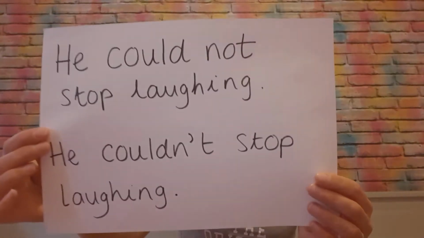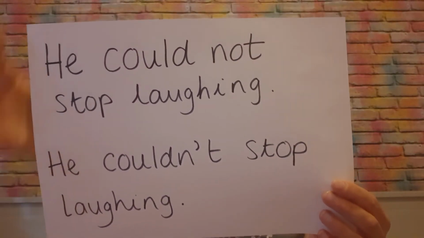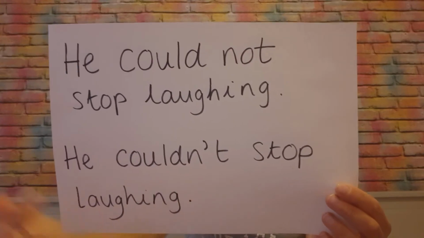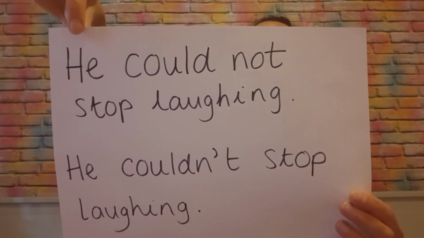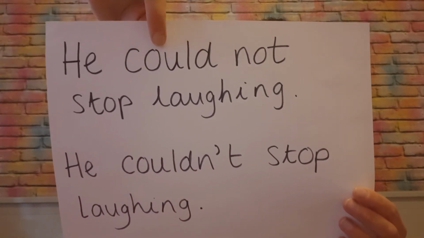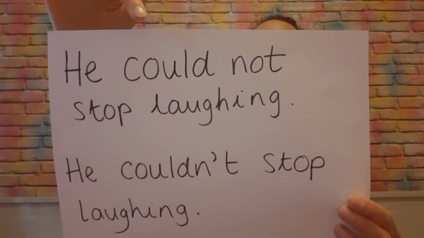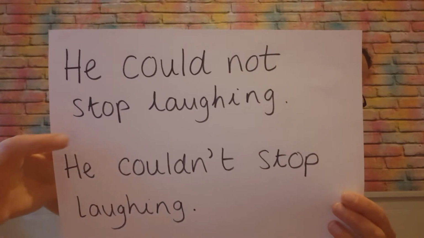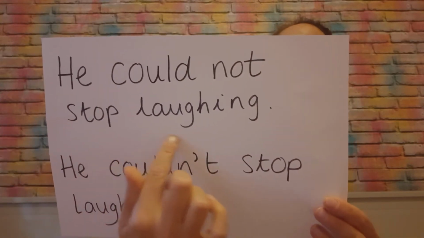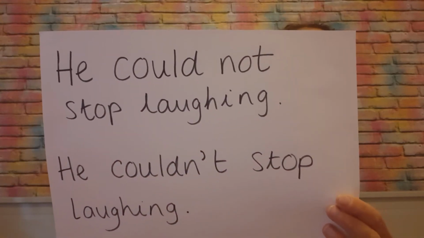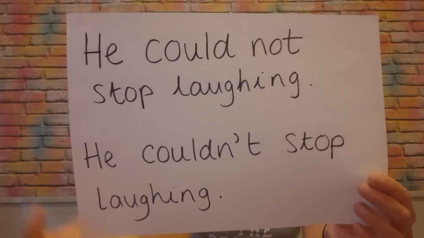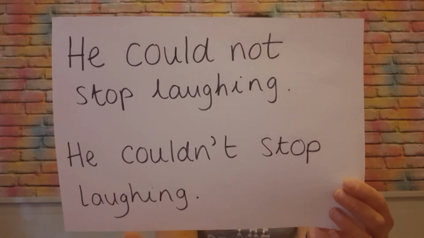I've had a go, and I've done again the same sentence, so you can see how the same sentence could be written using both forms, the expanded form and the contracted form. So I've got here, see if you can read it at home. He could not stop laughing, which becomes he couldn't stop laughing.